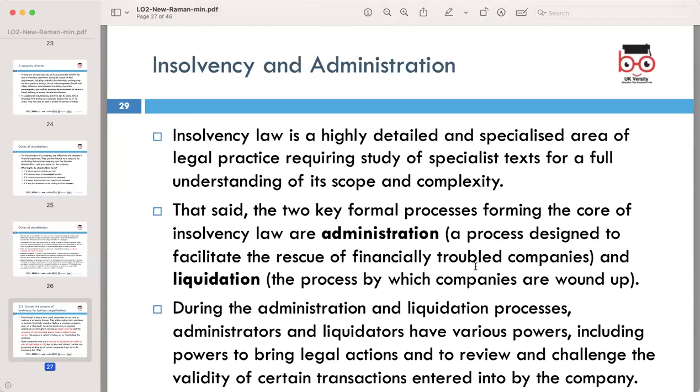Through these processes, administrators and liquidators possess various powers, including the ability to bring legal actions and review and challenge certain transactions entered into by the company.